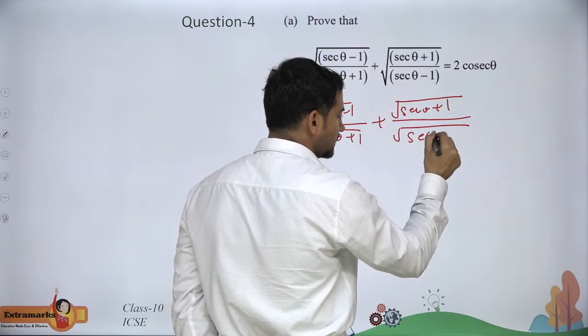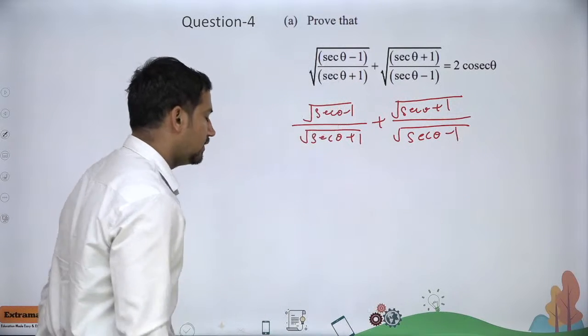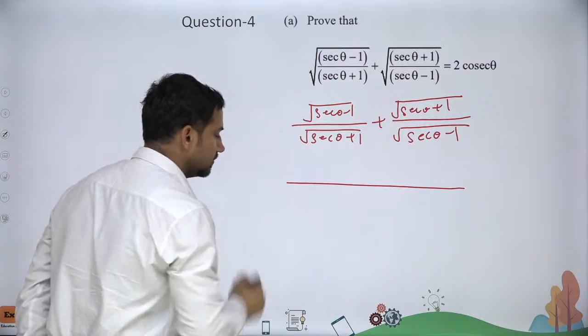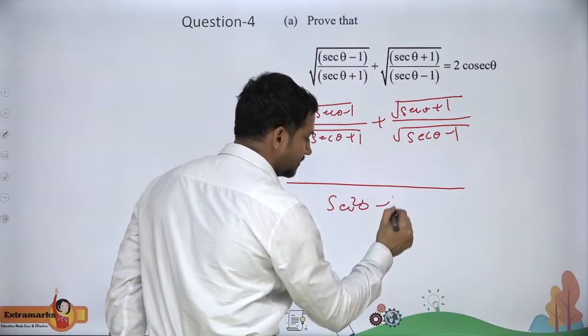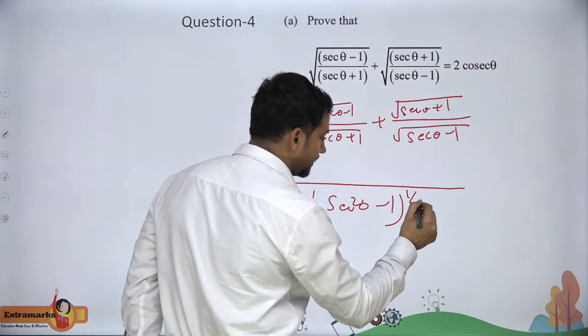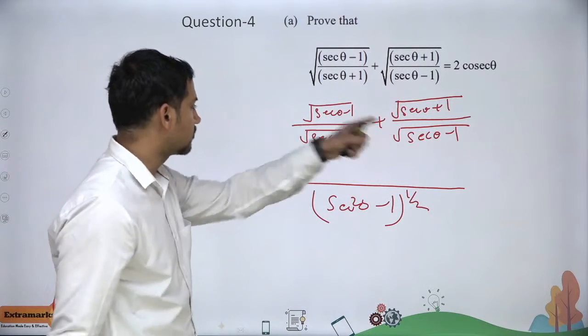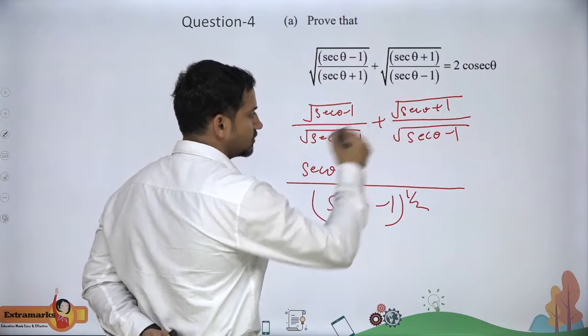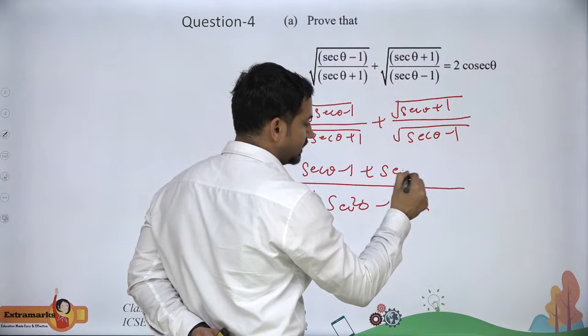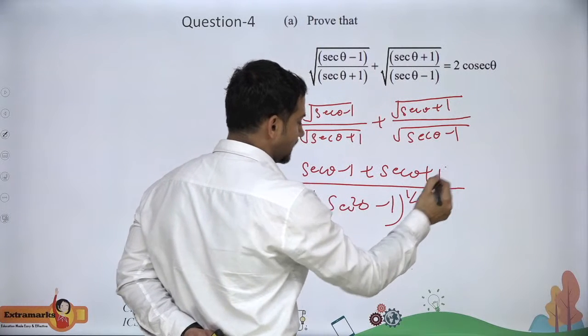Now, if we take the LCM, then what will come? Sec square theta, because a plus b, a minus b, and under root has come, so it is equal to 1 by 2. Okay. And if these go to that side, then what will come? Sec theta -1, this goes to that side, then sec theta plus 1. Then we have to cancel this.